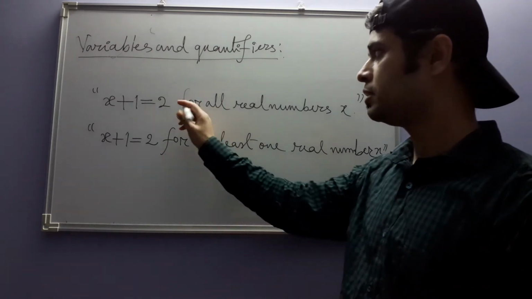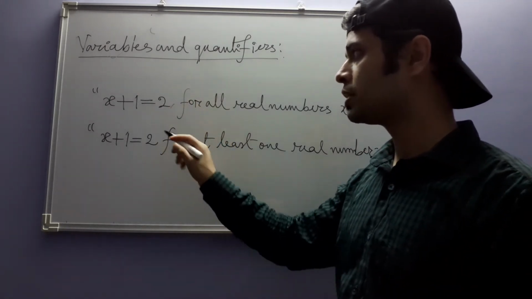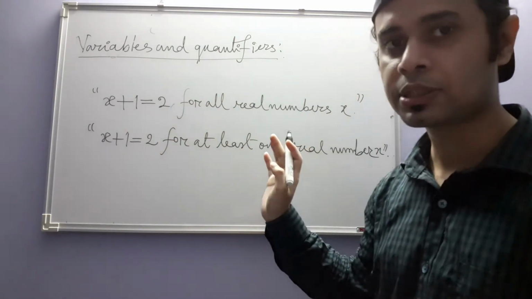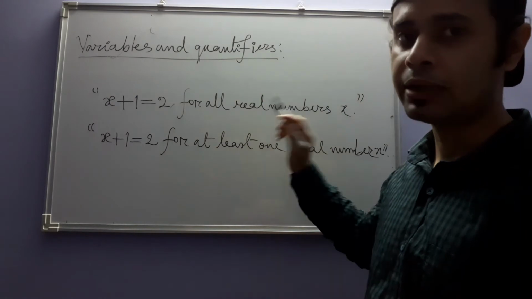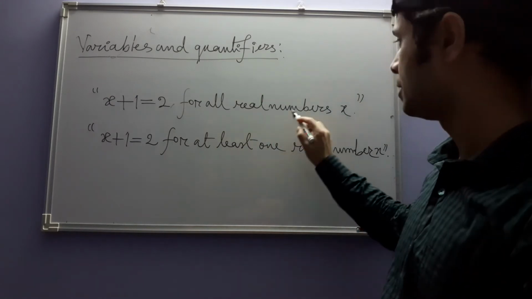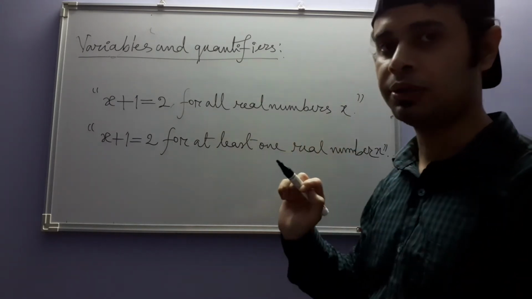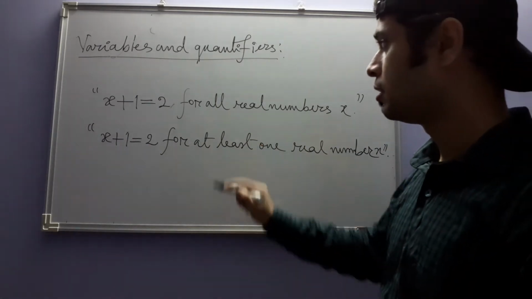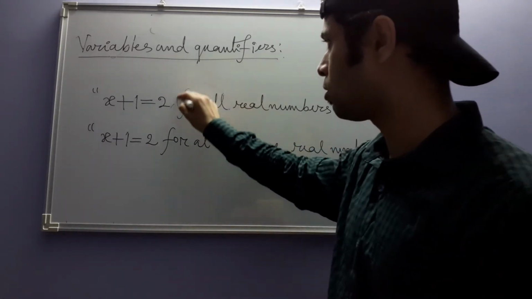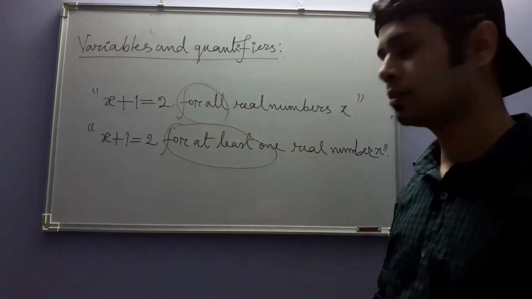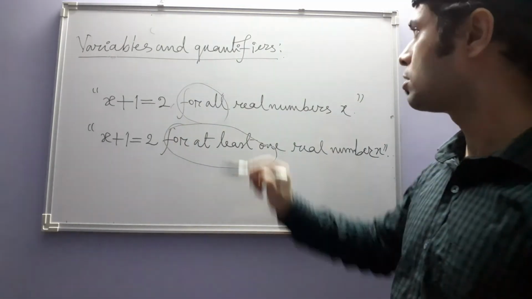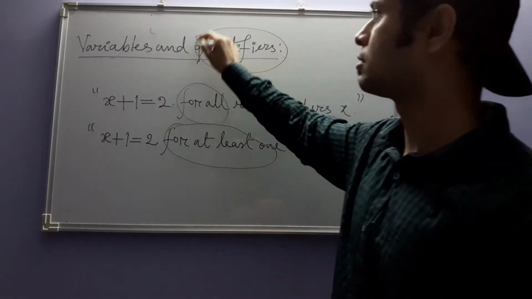Now what is happening here? First of all, we see whether these are valid statements because now they involve a variable. Have we stated the type of the variable? Yes, we have. x has to be a real number. That is fine. But look at this: for all and for at least one. These are called quantifiers.